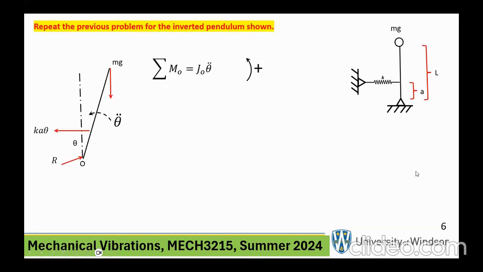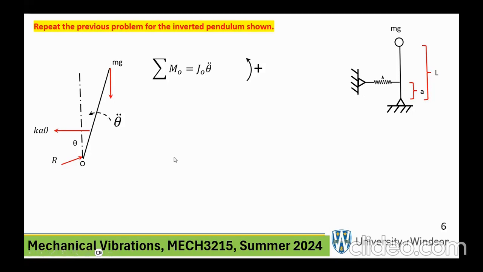So we have more or less the same pendulum, except that it's inverted. And you will see that there is a fundamental difference between this problem and the one that we just did. As far as the free body diagram is concerned, it's the same free body diagram. I'm choosing the same coordinate theta right there.